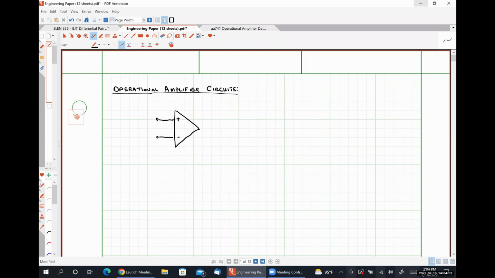The terminal that's attached to the positive sign is what's called the non-inverting input terminal, and the terminal that's denoted by the minus sign is the inverting input terminal.